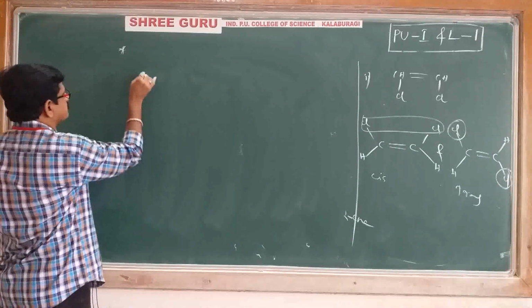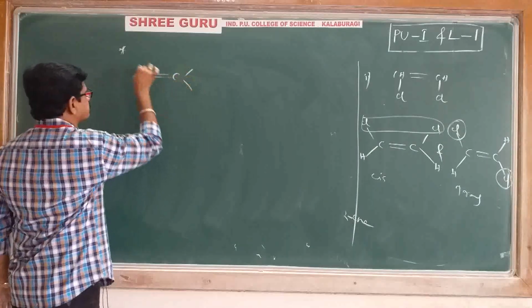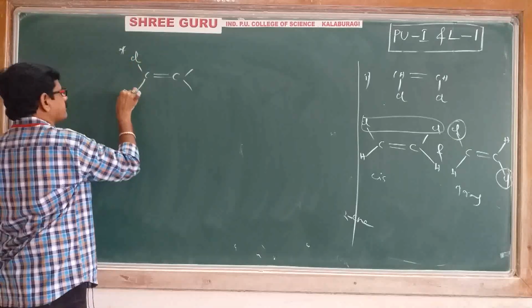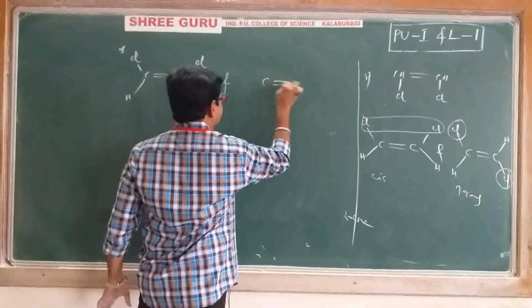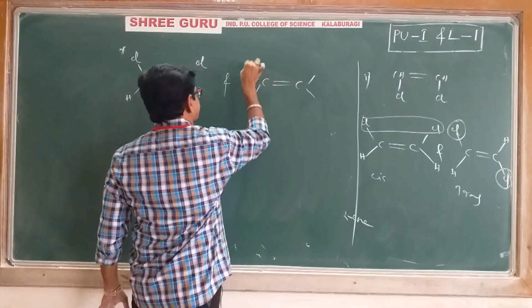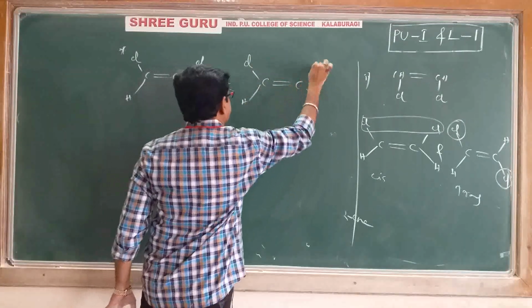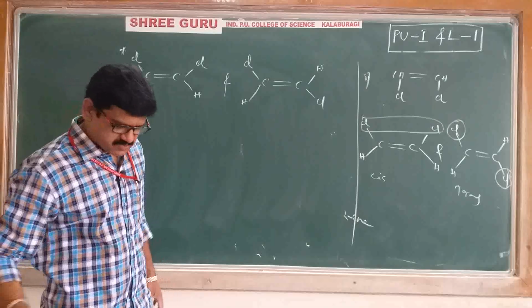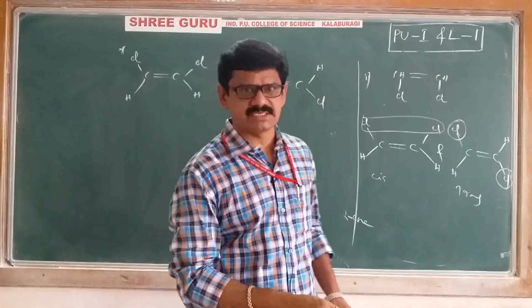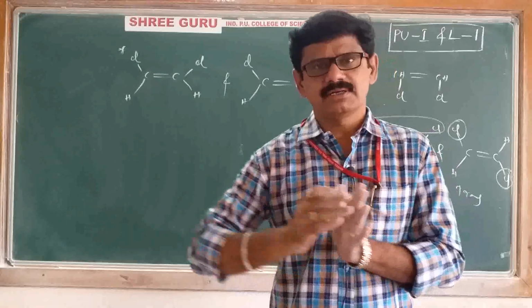I am taking that example. I just copied it here. What is the first point regarding geometrical isomerism? Cis form, trans form.